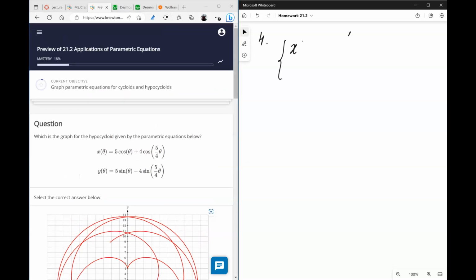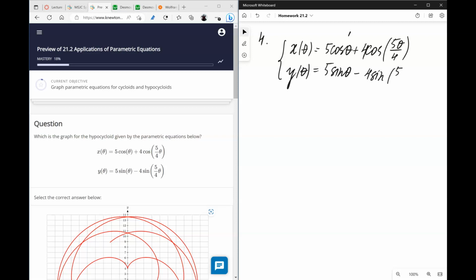What do we have? x of theta is 5 cosine theta plus cosine of 5 theta over 4. Y of theta is 5 sine theta minus 4 sine of 5 theta over 4. And let's graph it.